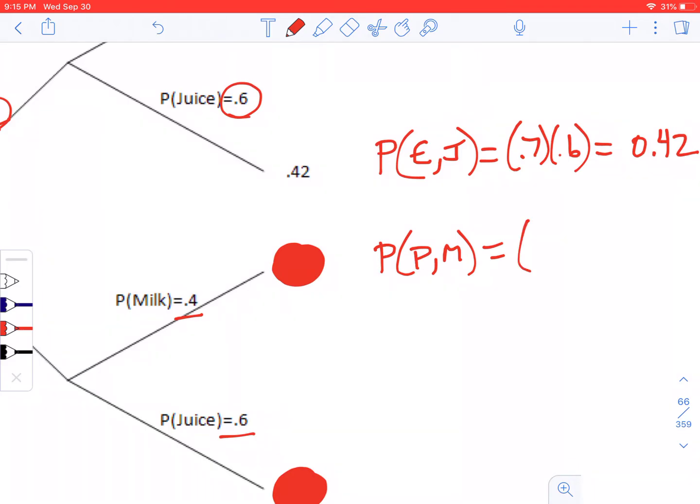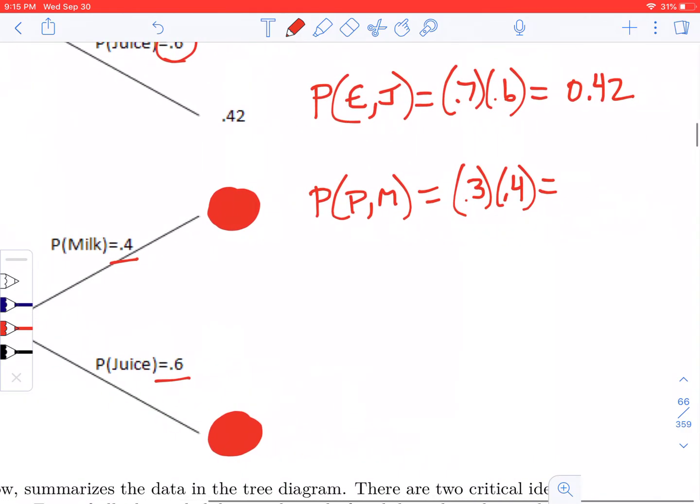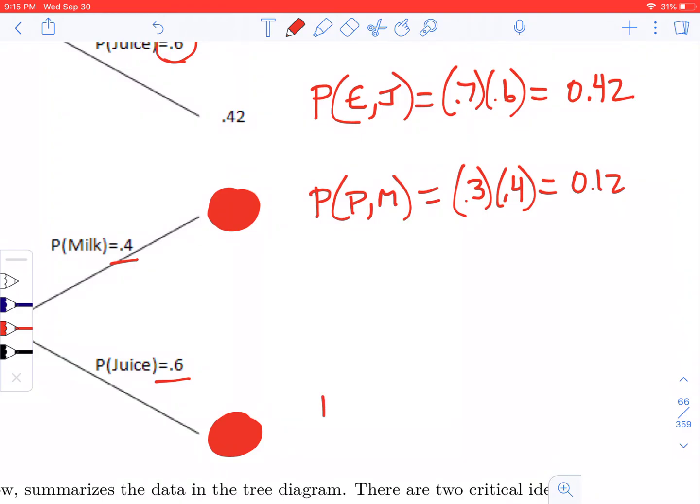Seems a little too sweet for me. 0.3 times 0.4. So that's 12%. And then the probability of pancakes and juice is 0.3 times 0.6. 0.18.